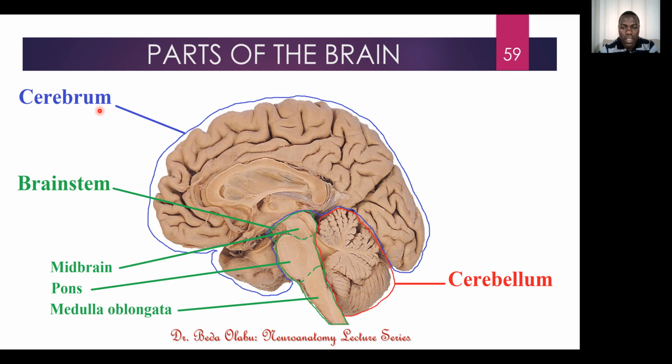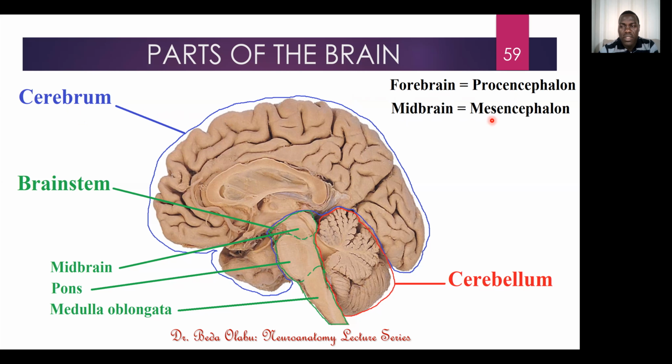This basic naming system is what is commonly used, but we also stated that there's another naming system where you look at the brain in terms of forebrain, midbrain, and hindbrain. When you use the term forebrain, or otherwise called Prosencephalon, it is referring to the cerebrum. When you use the term midbrain, or otherwise called mesencephalon, it is referring to this region only, which is the same as our midbrain we talked about anyway.